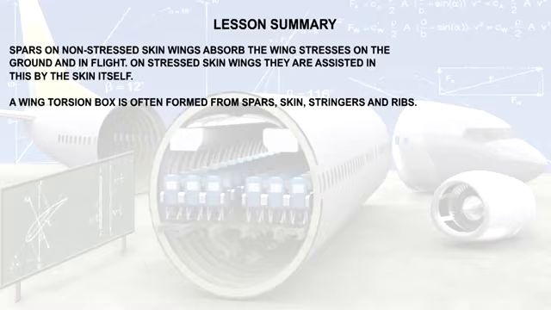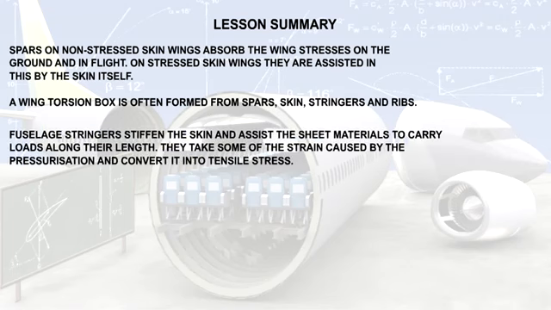On larger aircraft, a wing torsion box is often formed from spars, skin, stringers, and ribs. Fuselage stringers stiffen the skin and assist the sheet materials to carry loads along their length. On pressurized aircraft, they take some of the strain caused by the pressurization and convert it into tensile stress.